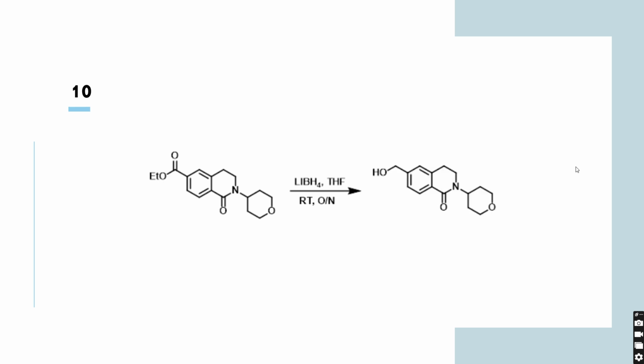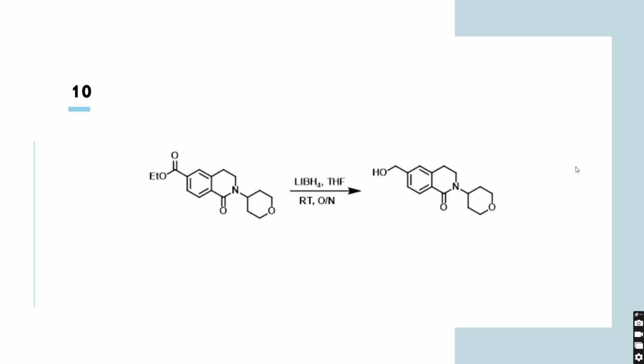You have to always remember, whenever you have lithium borohydride, they selectively reduce the ester functionalities. They do not react with amides, aldehydes, ketones, or even acids, but esters are preferentially reduced by lithium borohydride.